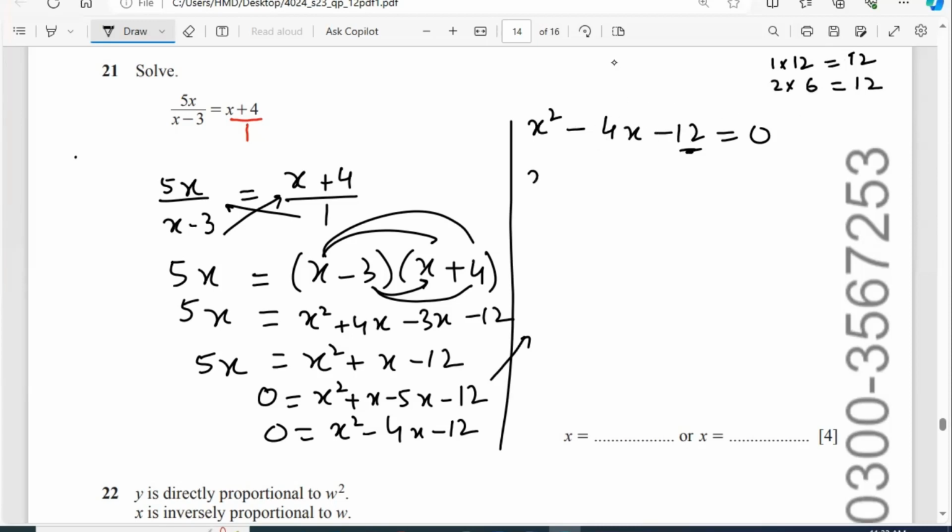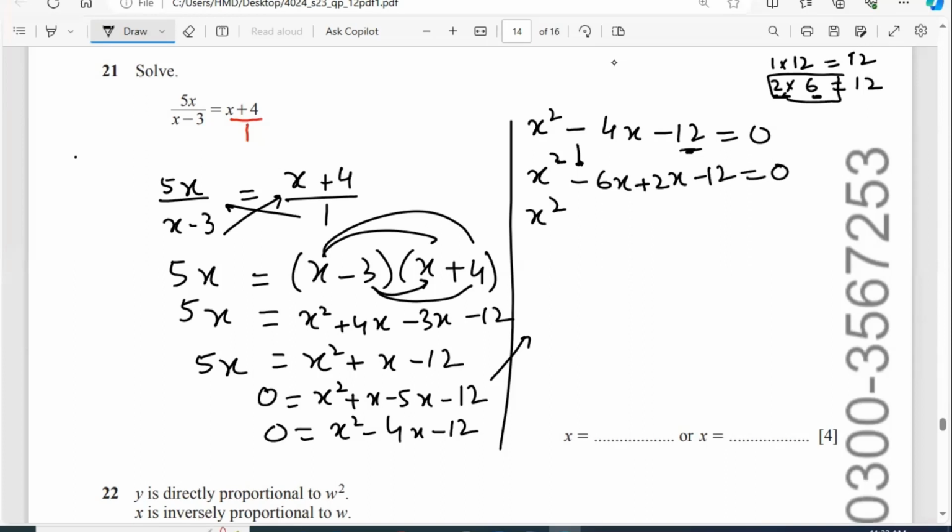So I'm going to write x square, this sign is copied, minus. And 6 and 2, I'm going to take these pairs: minus 6x, then plus 2x minus 12 equals 0.